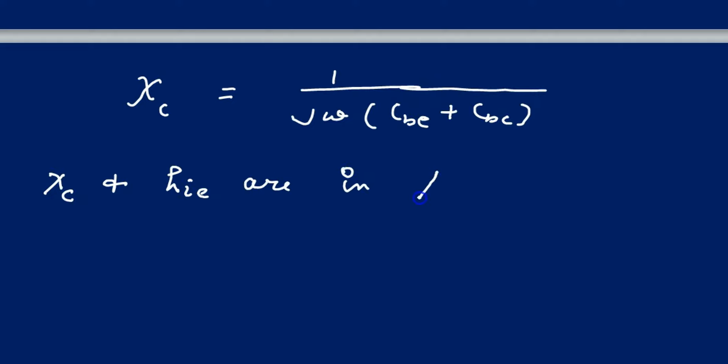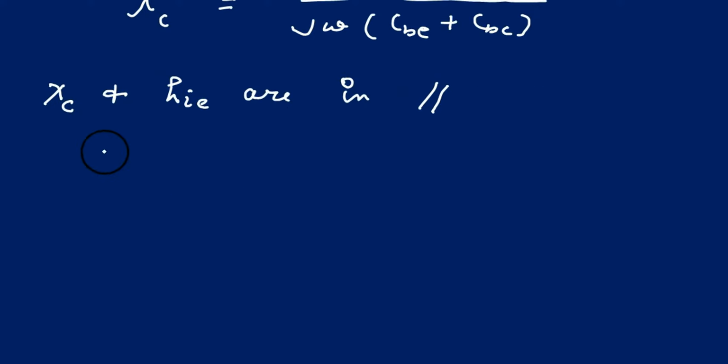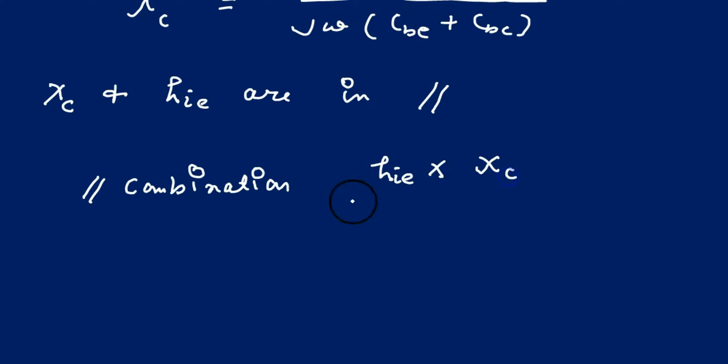Now XC and HIE are in parallel. Now we make the parallel combination and just solving that relation, rearranging the terms.